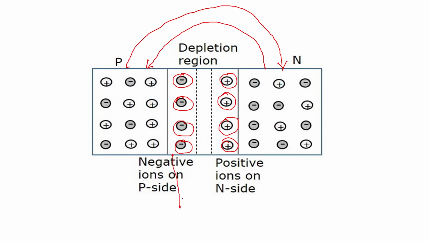Now this electric field will be developed because of the ions present at the junction of PN, and that will be your barrier. That will be an opposite potential which you have to overcome whenever you want this formation to conduct.